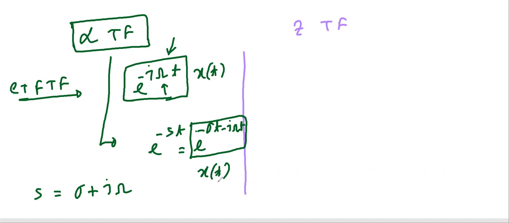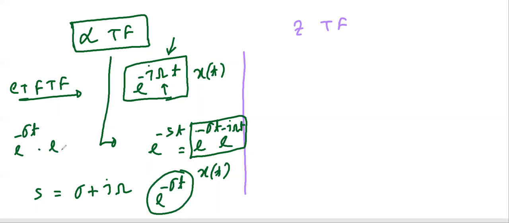Hopefully you already know the essence of e to the power minus sigma t. This gives us the phenomenon of a sinusoidal signal. We can divide it into two parts: e to the power minus sigma t into e to the power minus j omega t.